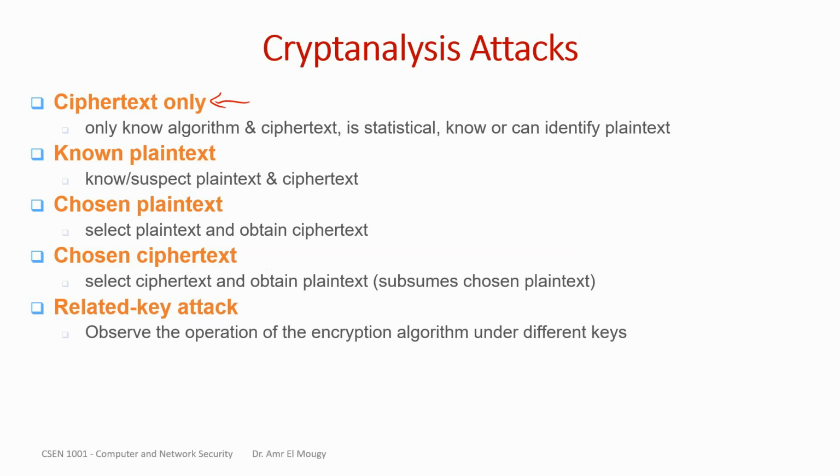The second type of attack is called the known plaintext attack. The known plaintext attack is when you are sure that there is a particular message in the plaintext that is encrypted. You know where the message is and you know its corresponding ciphertext. I'll give you an example. I hope you have seen The Imitation Game by now.